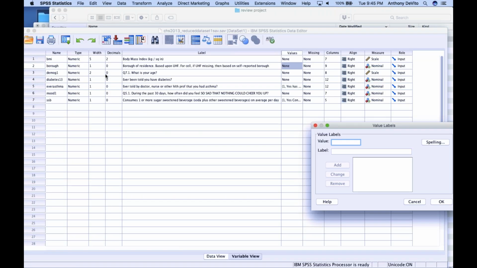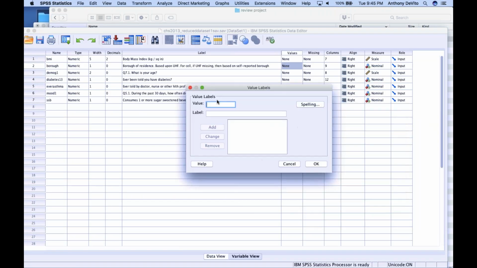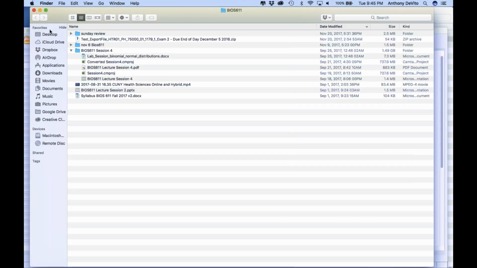And let's go back in here. Borough of residence. Let's go ahead and code this. 1 was the Bronx. Okay, let me get it opened again.